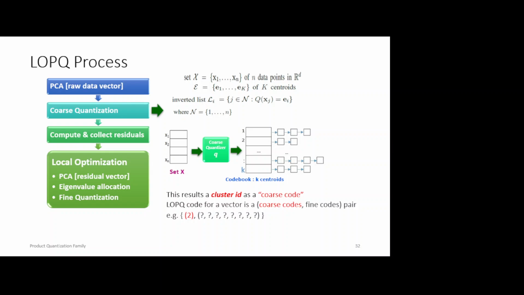When you have the k clusters, you generate the codebook with k centroids, and then you can apply the quantization. For each data point, you see which centroid is closest to it, then you assign this data to that cluster. It's a very simple, straightforward way to do the quantization for each data point.